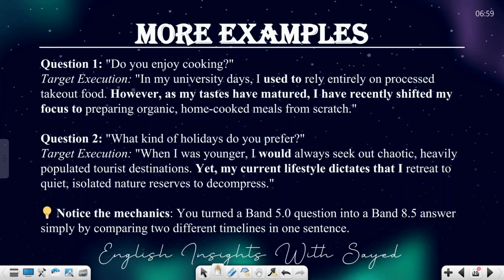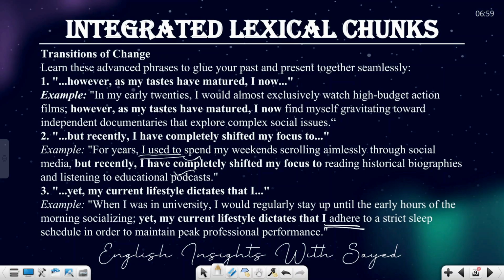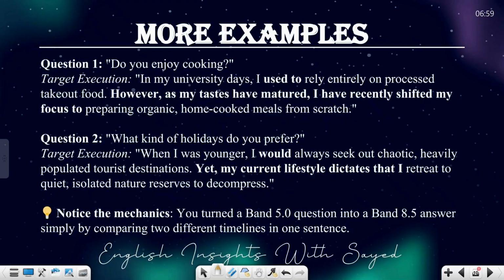So another question you see. I have given the options earlier. These three ways, but recently, however, yet, this way. And now I have been answering with one example using one out of those three. So you could use the other structures, the other sentences that I have given for you in the last slide. So another question, what kind of holidays do you prefer?